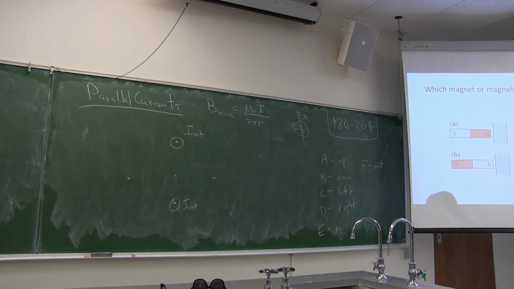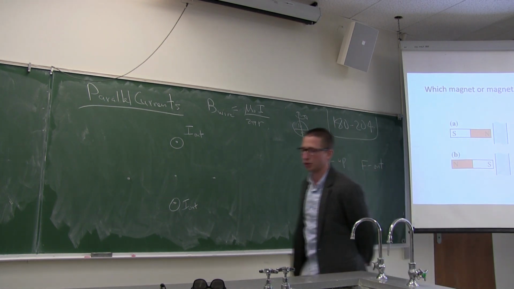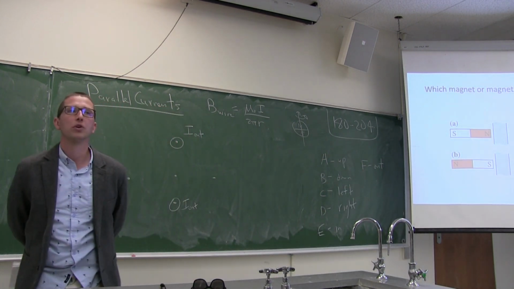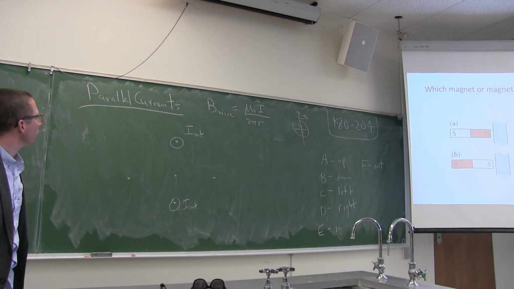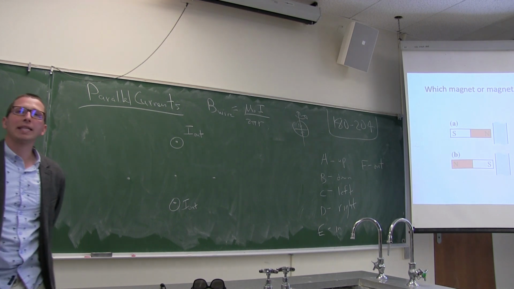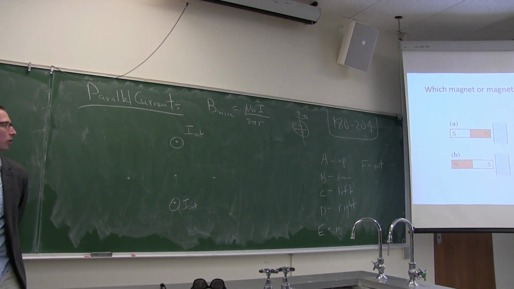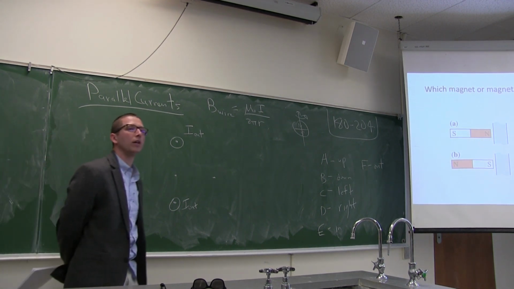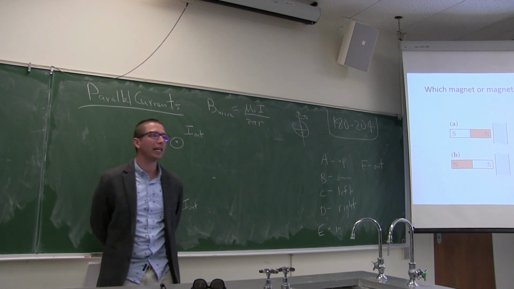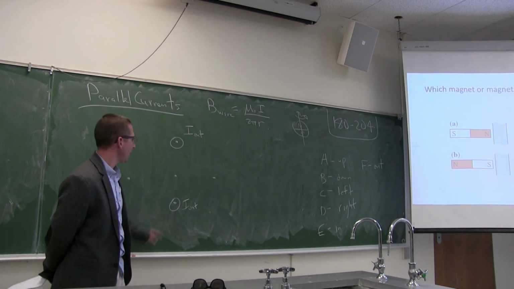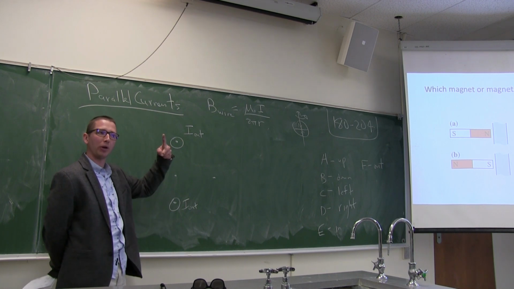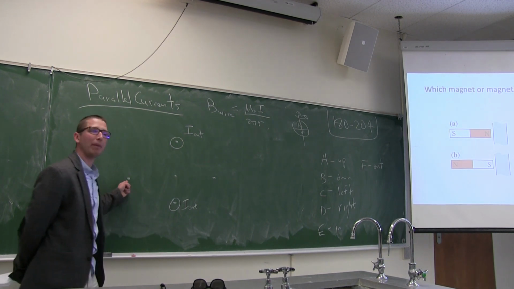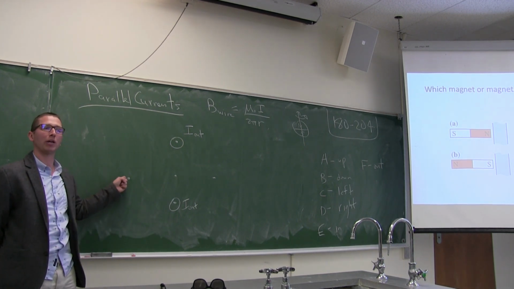Just thinking quietly at this moment. Okay, let's take a vote. A, B, C, D, E, or F. The two currents are coming out of the board. And I'm asking for the net magnetic field at this point. What direction does it point?